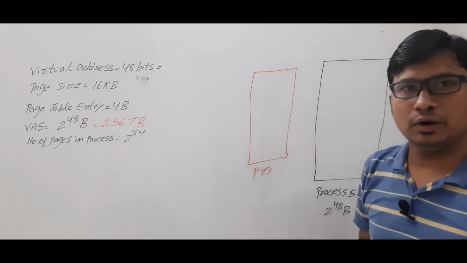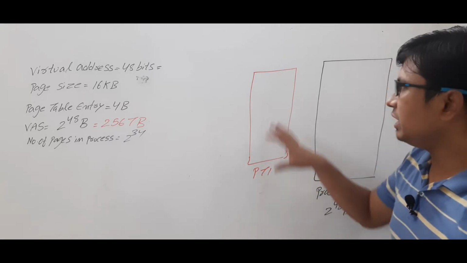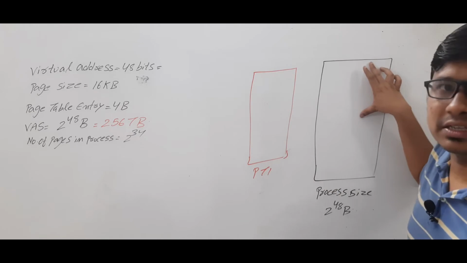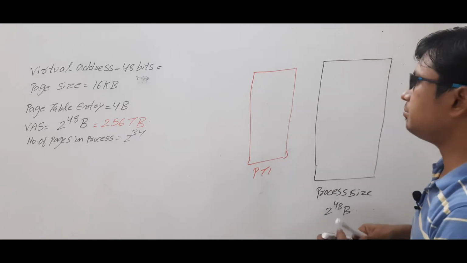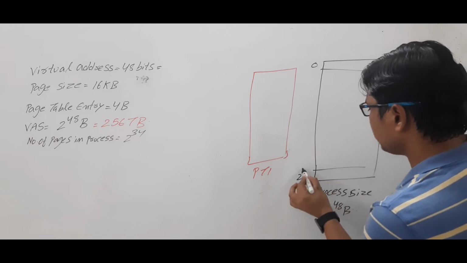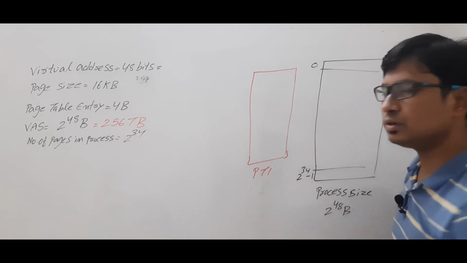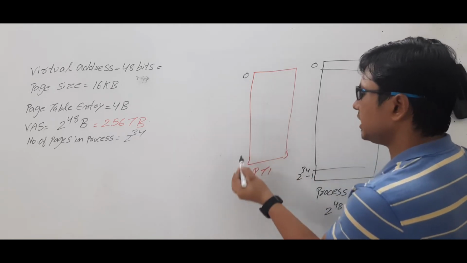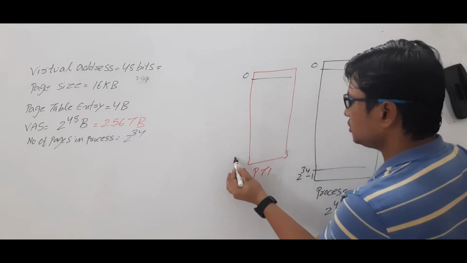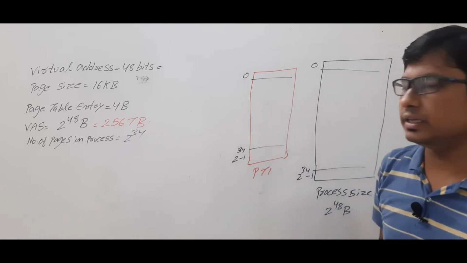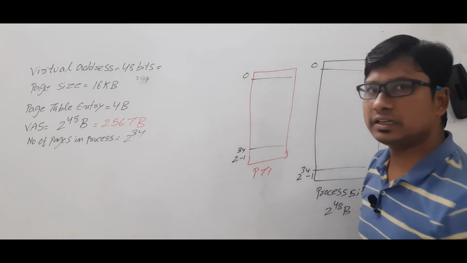Now, how many entries will this page table 1 have? It depends on the number of pages in the process, which is 2 power 34, so it is from page number 0 to 2 power 34 minus 1. So it will have that many entries.